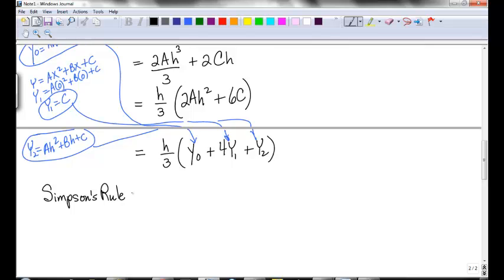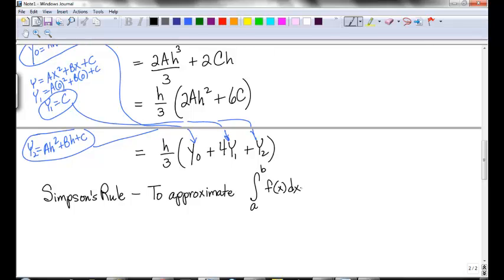Okay, and Simpson's rule is to approximate the definite integral of f of x. So when we do the parabolic arcs, it's also just an approximation.